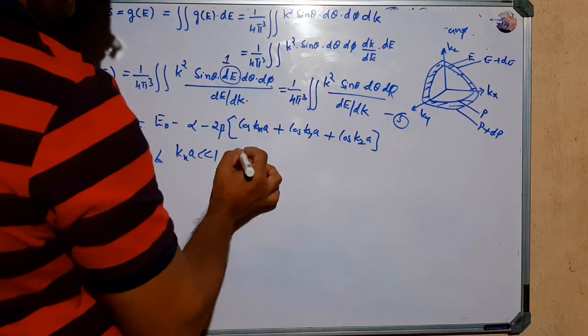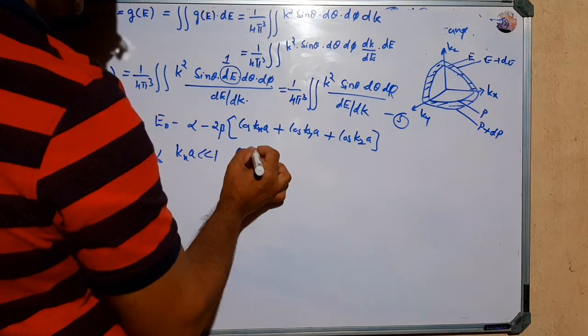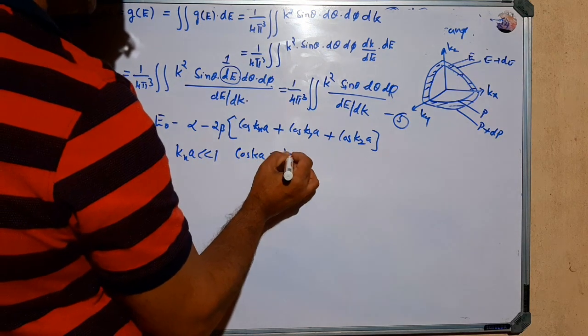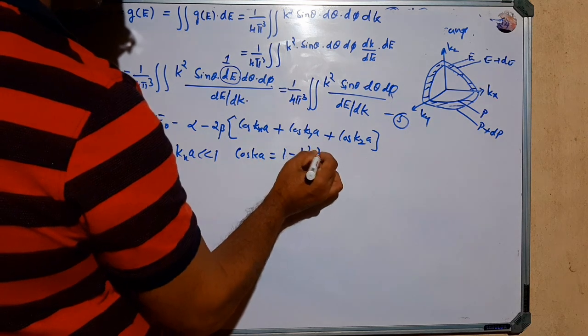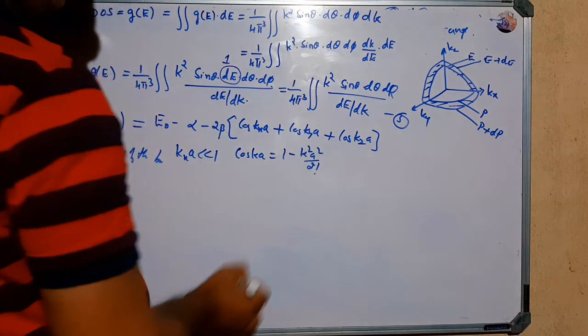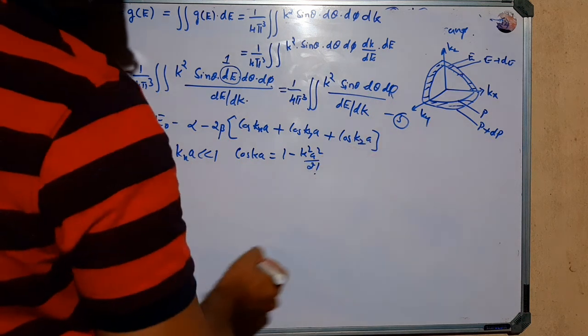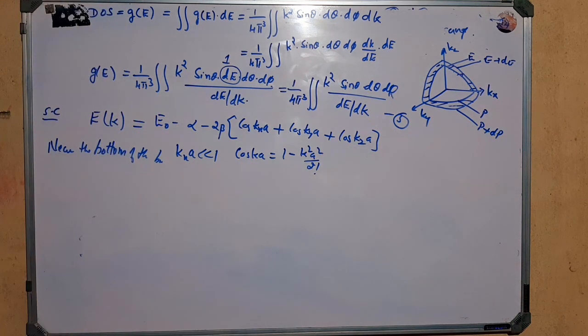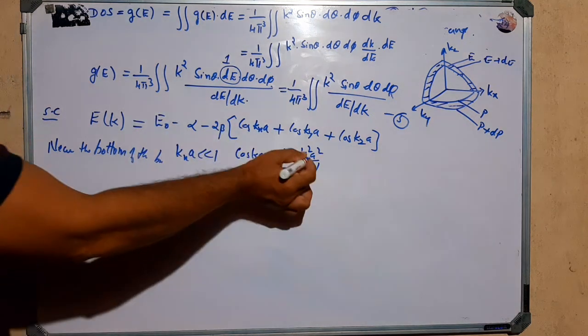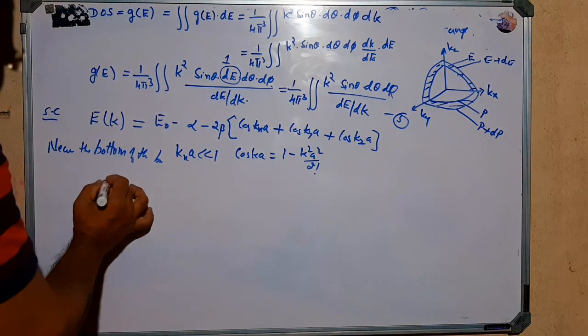Under this approximation, you can write in general cos ka is equal to 1 minus k square a square divided by 2 factorial and so on. Therefore, neglecting the higher order terms, apply this and simplify the equation.